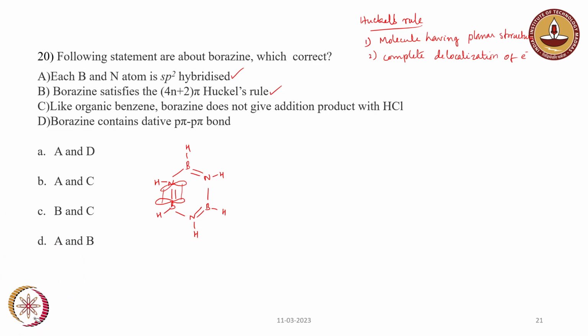You can go with two conditions here. The molecule has a planar structure, so it is satisfied here. Two is complete delocalization of electrons: because of the presence of alternate pi bonds, it can delocalize the electrons. And the third one is the presence of 4n plus 2 pi electrons.